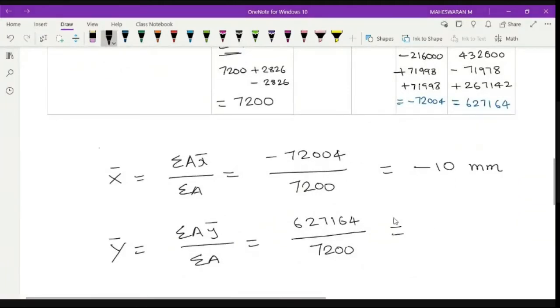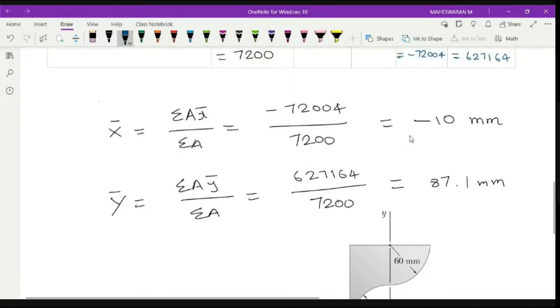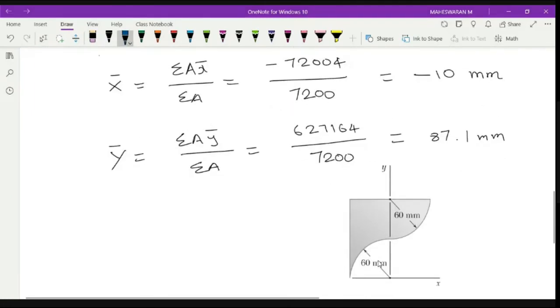Y bar is 87.1. Right? So my values are minus 10 and 87.1. So it is somewhere here. This is my centroid location, right?